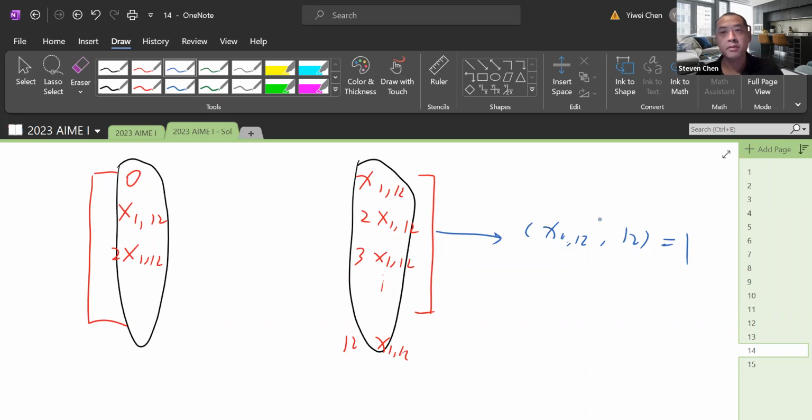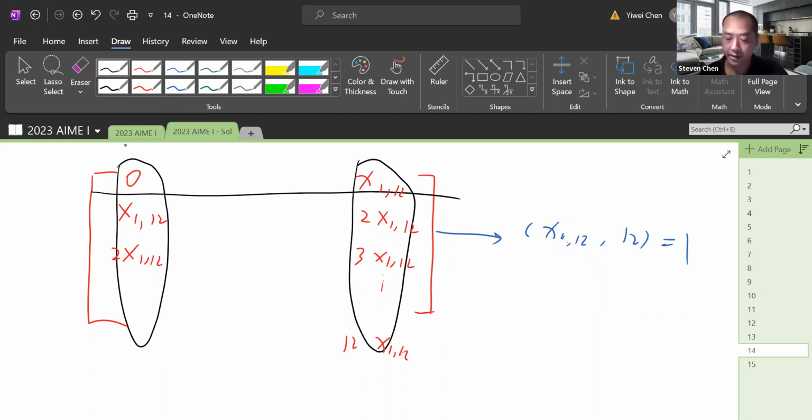Why? Because again, let's now go back to the first row. For the first row, we know that for each movement between two consecutive entries, the increment is either 0 or 1. And when we move from the first column to the rightmost column, the total number of movements is 11.